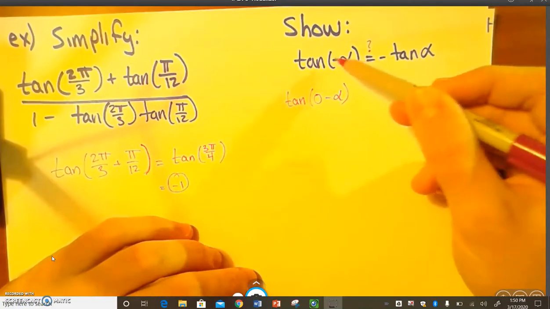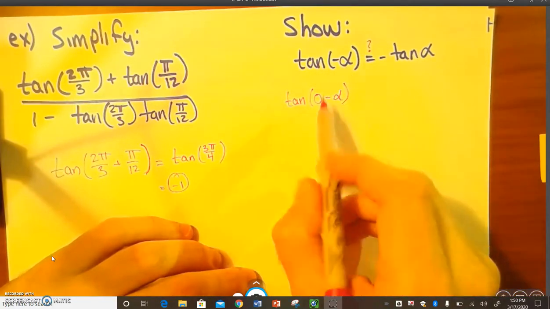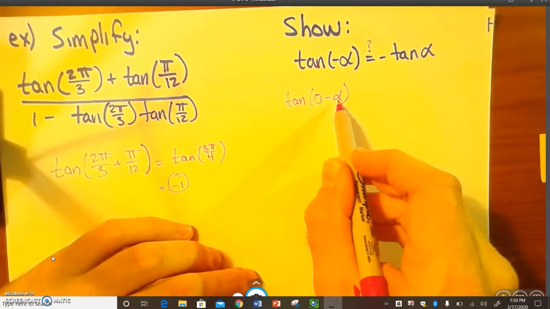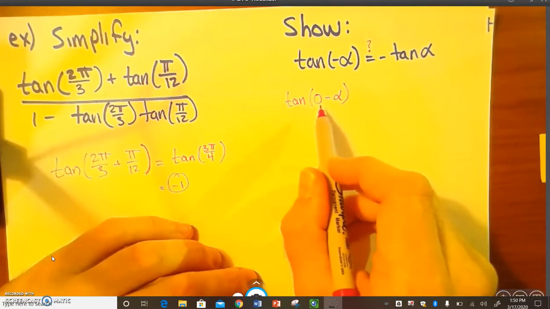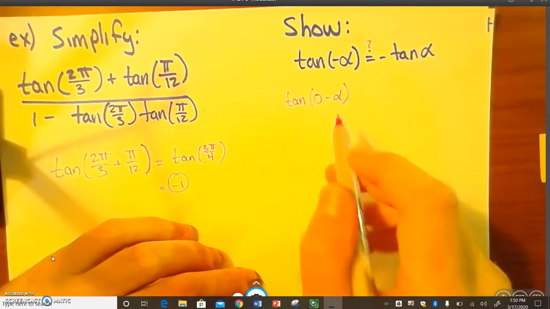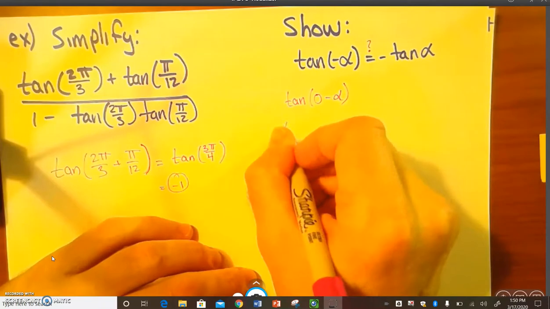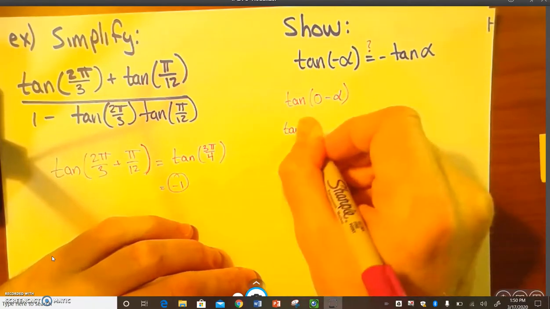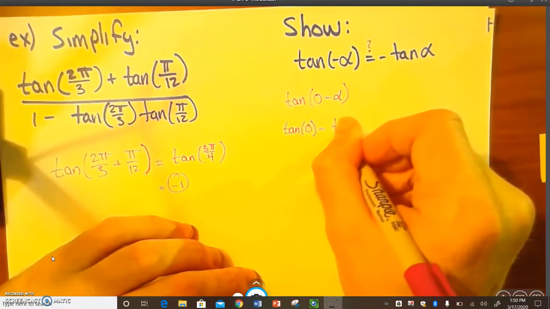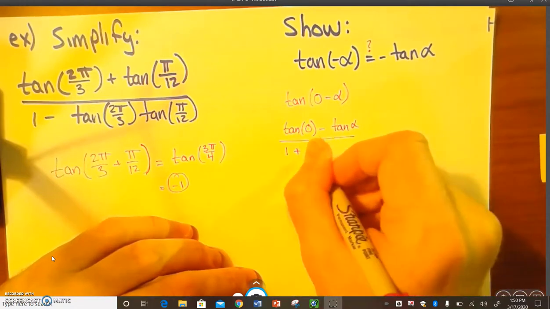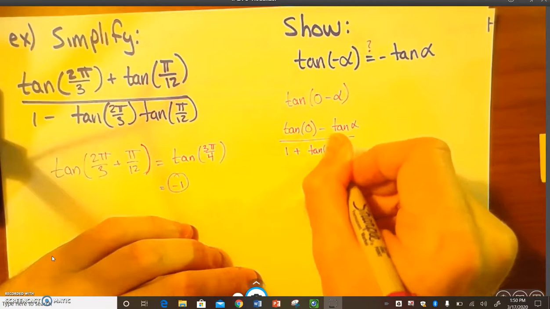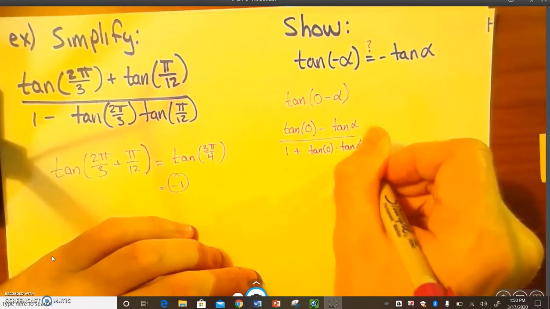So tan of negative alpha. We're going to rewrite negative alpha as 0 minus alpha, and probably you can see where I'm going from here. So I'm going to use my subtraction formula where the two angles are 0 and alpha. So this expands to tangent 0 minus tan alpha all over 1 plus tan 0 tan alpha.